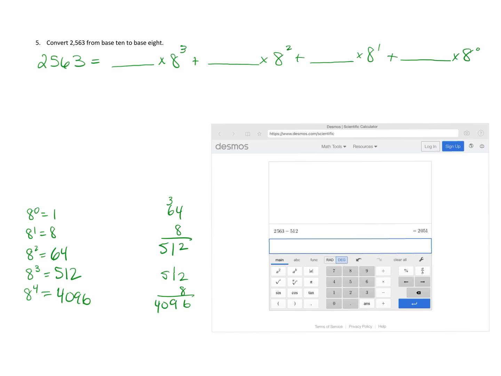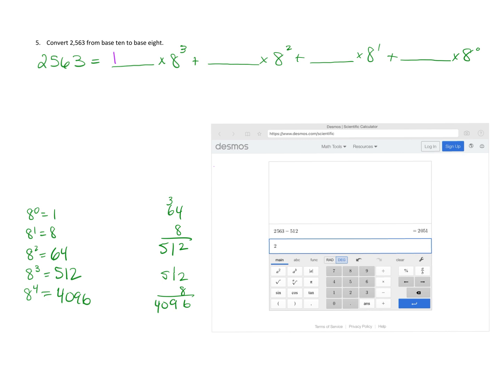I subtracted it once, and then I'm going to subtract another 512, and I get 1,539.